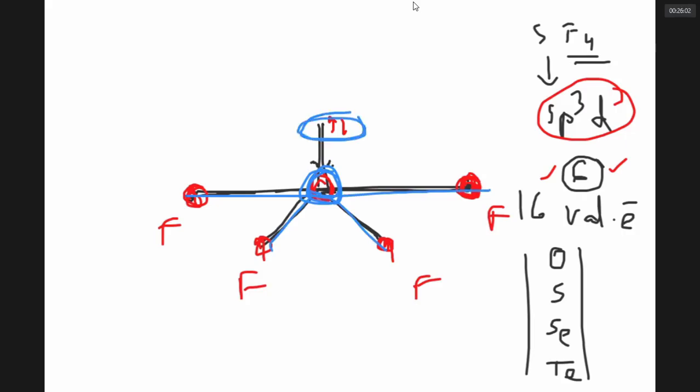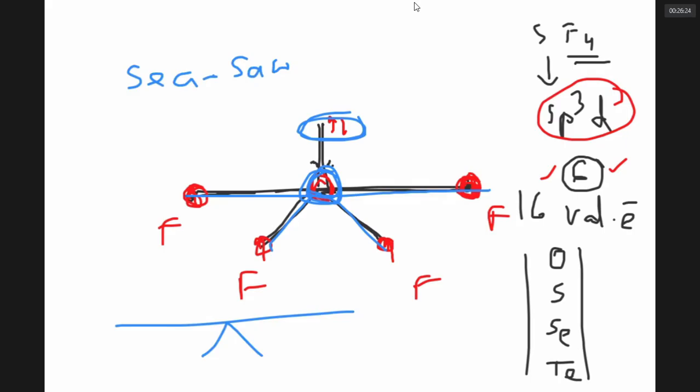What is the shape? Seesaw shape. Can you see the shape? In a trigonal bipyramid, if one position is a lone pair, then the shape of the molecule becomes a seesaw. SF4. Are we clear on this?